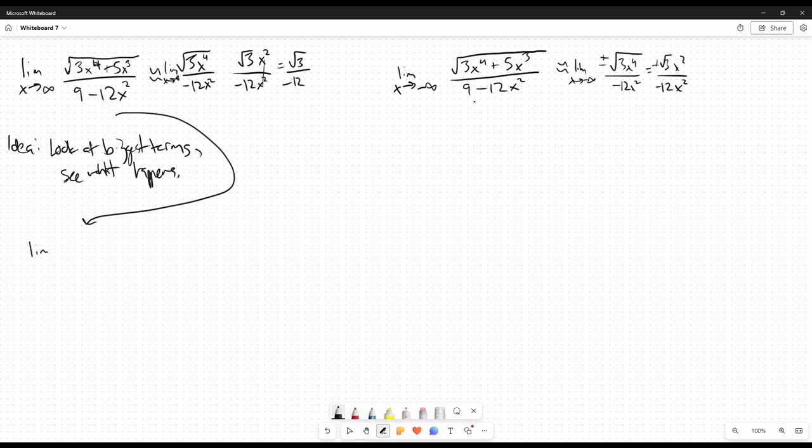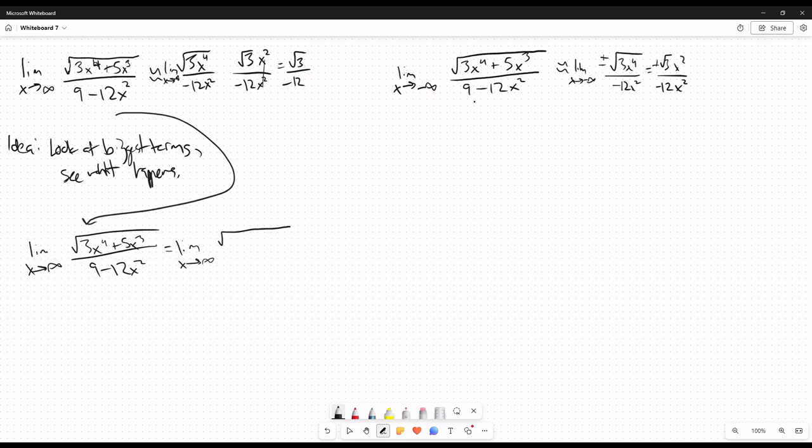We'll take the limit as x goes to infinity of the square root of 3x to the fourth plus 5x cubed over 9 minus 12x squared. We want to start by factoring inside, in a weird way: we're going to factor out the largest term.